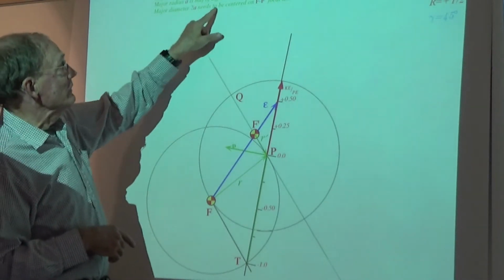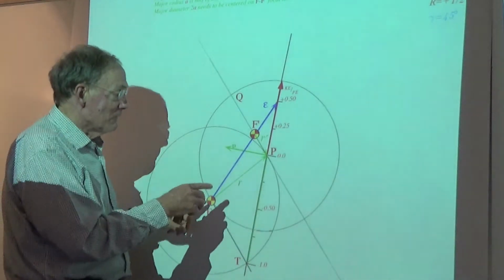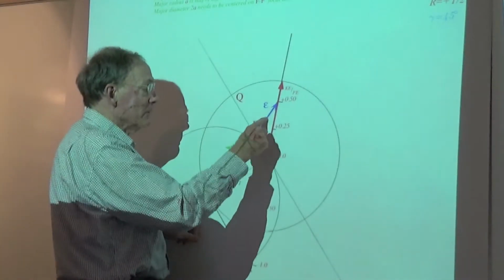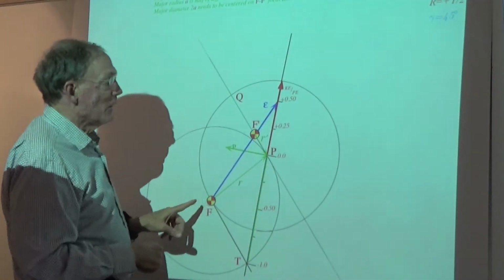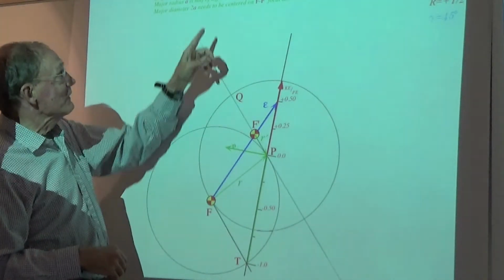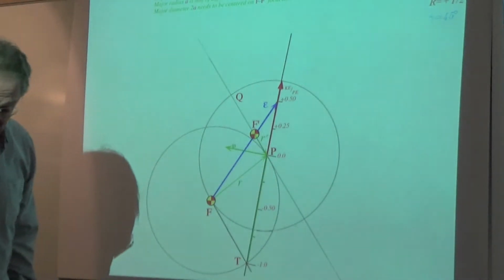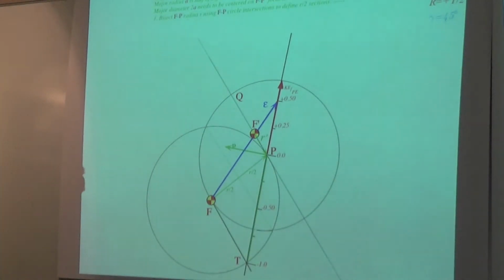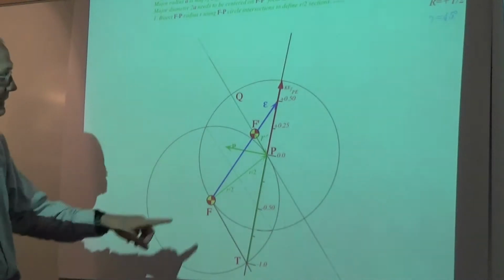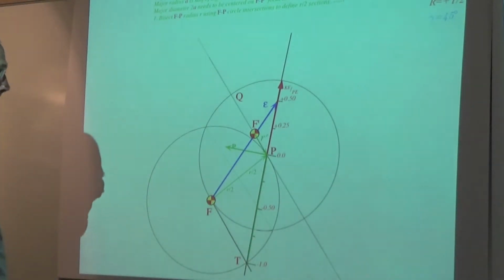Major diameter 2A needs to be centered. That's the thing that's right now. I can just swing this up here and get an R prime plus R, but I need R prime minus R, so I really need to swing that around the other way. And once I've done that, then I can get R over 2 by doing a bisection right there.